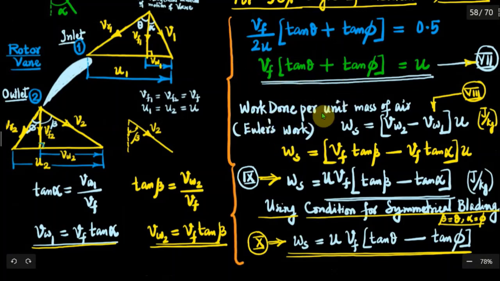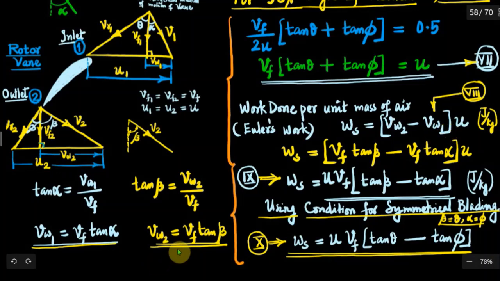So work done per unit mass, that also can be slightly manipulated. In the earlier lecture, we obtained an expression for specific work done per unit mass of air, Euler's work done. That is Vw2 minus Vw1 into U. That quantity essentially is in joule per kg. Now what you do is, Vw2 and Vw1 you can replace.